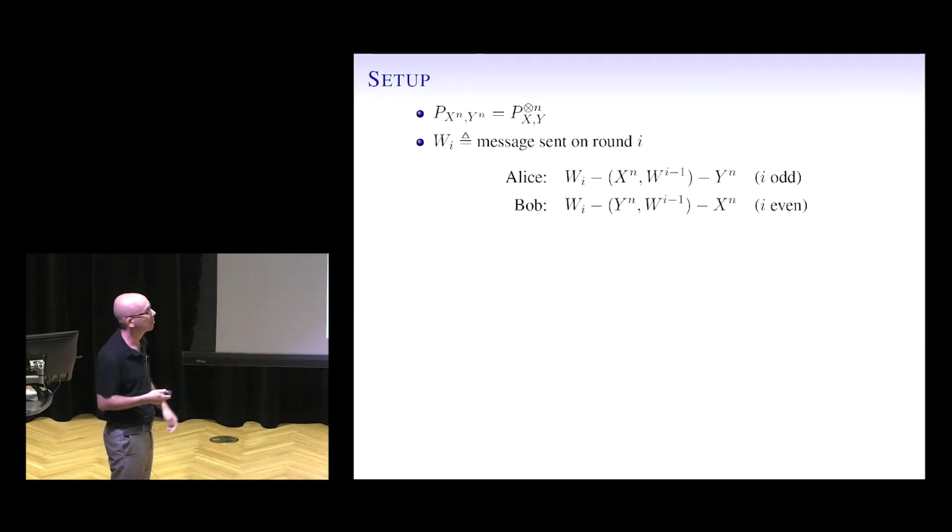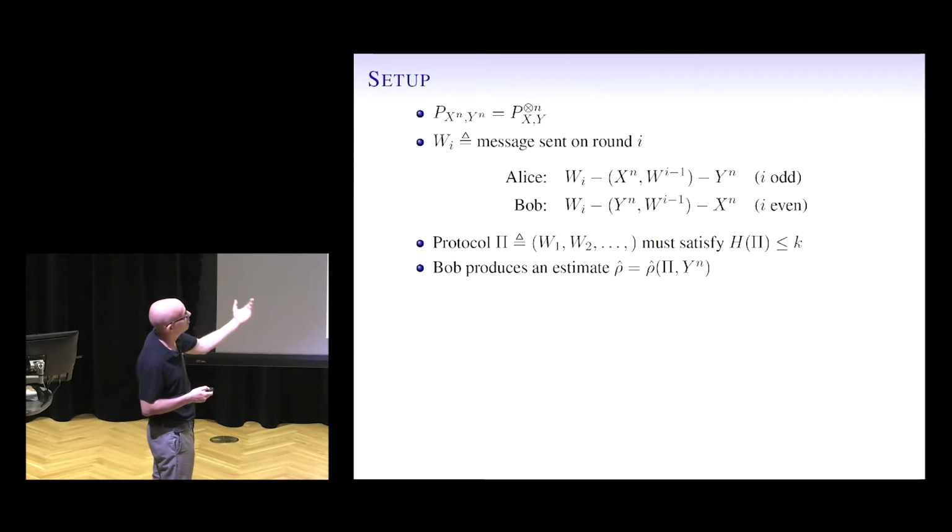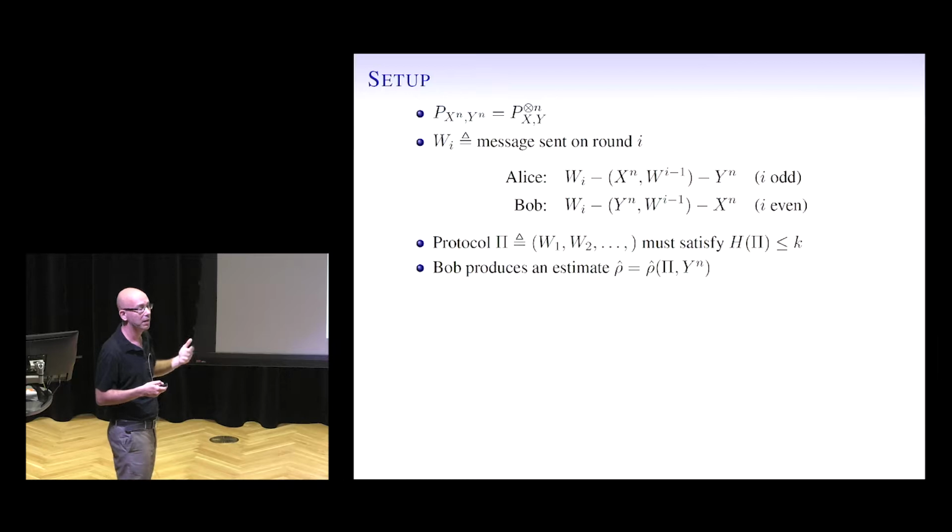This is the definition of interactive conversation, and the same goes for Bob with switching the roles of X and Y. You could just put all those messages together, W_1, W_2, and so on. There could be an infinite number of those, into what we call a protocol or a transcript, whatever you want. We kind of mix the two notions.